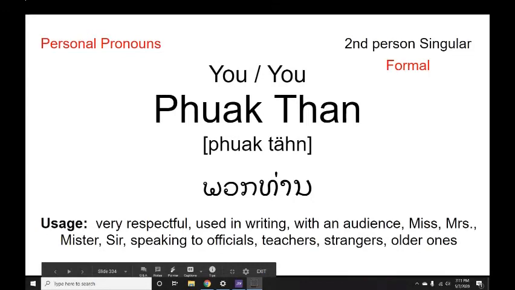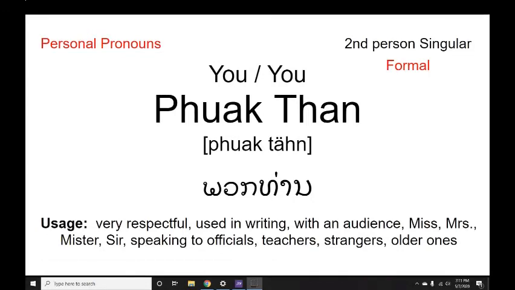So a group of people that you do not know that you're referring to as you. Okay, this is a formal way of saying you. Puak tan. And this is a very respectful way. It's used in writing, so like in the Bible, you might find puak tan. It's used with an audience.